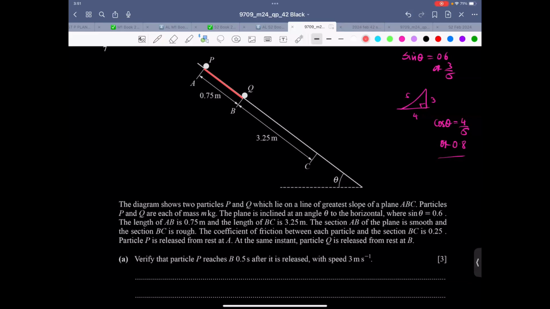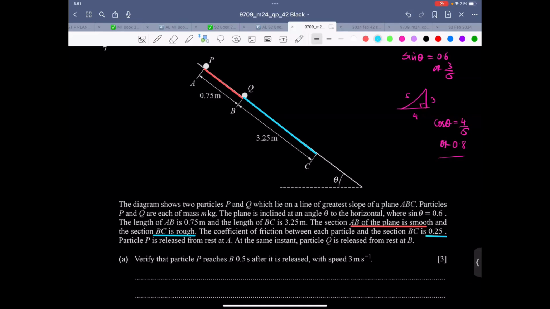And then it says the length BC is 3.25. So the length BC, the blue line, this is 3.25. AB is smooth. So we have AB, which is smooth. And we have BC, which is rough. The coefficient of friction is 0.25.